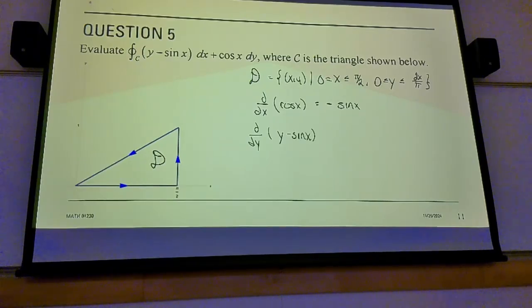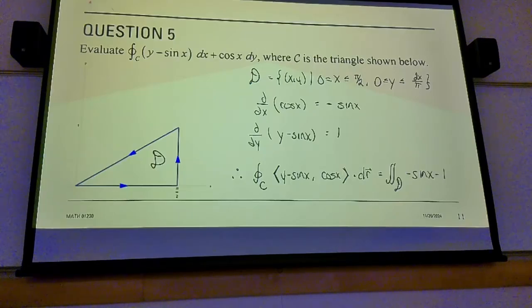What is it? It's 1. What is it? Negative sine x minus 1. So there's the application of Green's theorem.